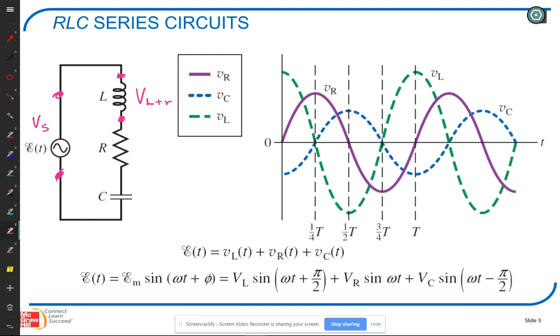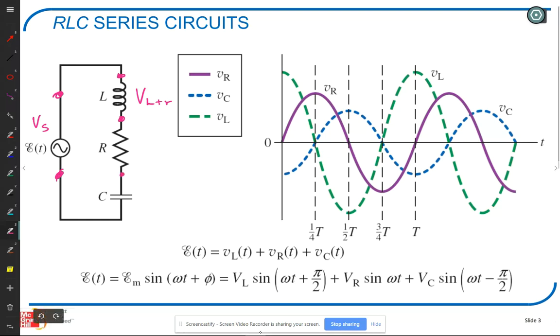And so since there's energy taken away by making the magnetic field, you lose energy with AC current going through an inductor. And since you lose energy, that looks like a resistance. So that lowercase r is representing the resistive part, or what looks like a resistive part, of the inductor. So that's why that's called V sub L plus r.